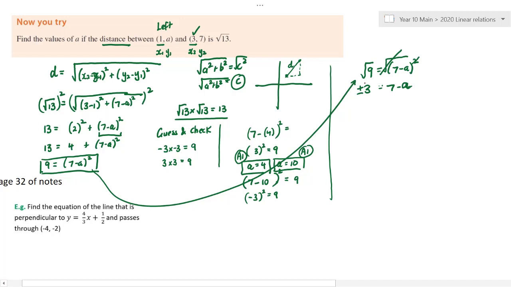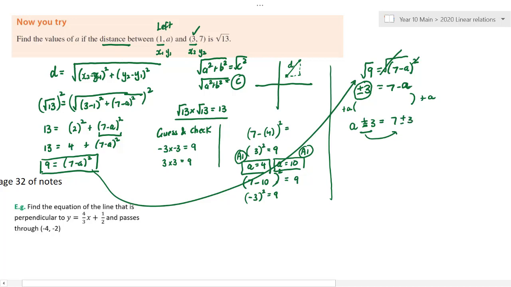Now, to be honest, because this is both signs, I'm going to show you a little shortcut. If I want to get a on the other side, we could add a. If I add a, that gives me a plus or minus 3 is equal to 7. It doesn't matter, we've got two signs over there, so let's just get it over here. It's actually the same thing because there's two signs.